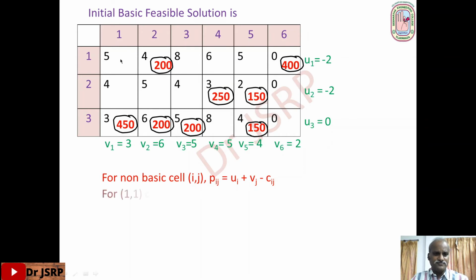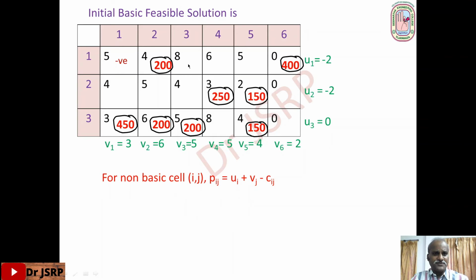First, the 1 1 cell, P11 equals U1 plus V1 minus C11. That is minus 2 plus 3 minus 5, so minus 7 plus 3. So negative. If it is negative, you can simply write negative. You need not write the number in case of negative.